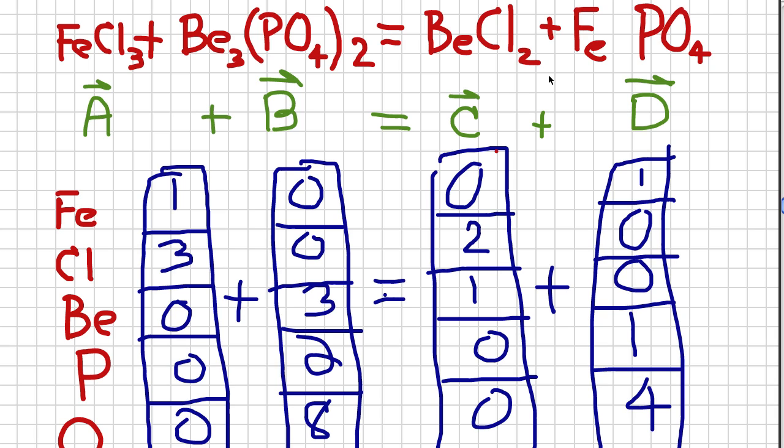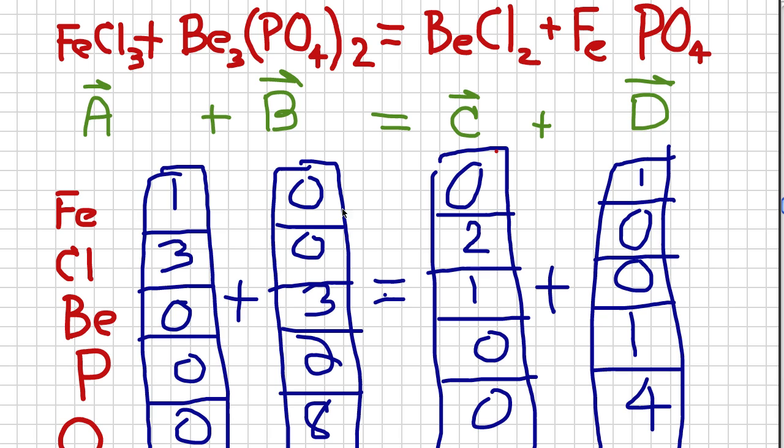So the way I do it using a linear algebra or system of linear equations approach is I think of each compound as representing a column vector. Okay, so this will be a column vector for my first compound here. This is a column vector for my second compound, a column vector for my third compound, and a column vector for my fourth compound.